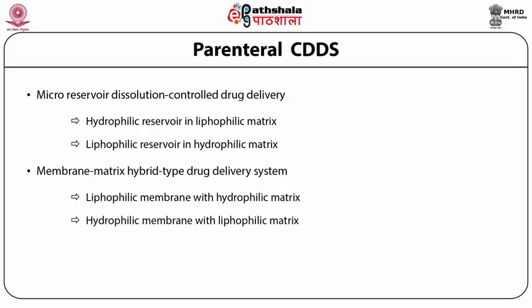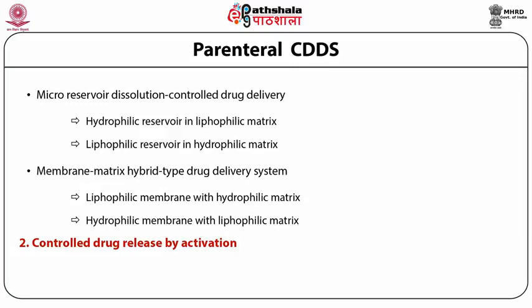The second variety of implantable parenteral controlled drug delivery systems are usually the ones which require some type of activation. Therefore, they are called controlled drug release by activation mechanism based drug delivery systems.